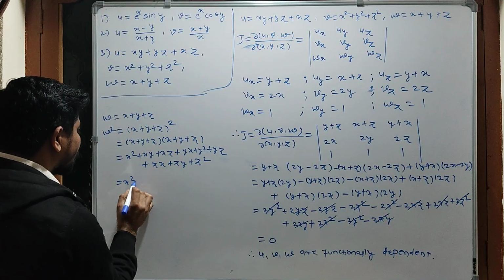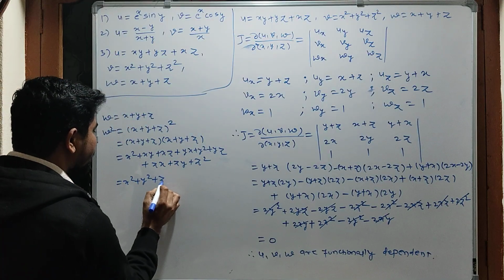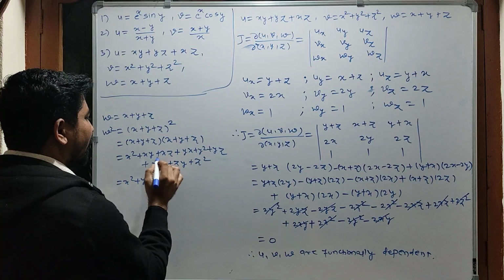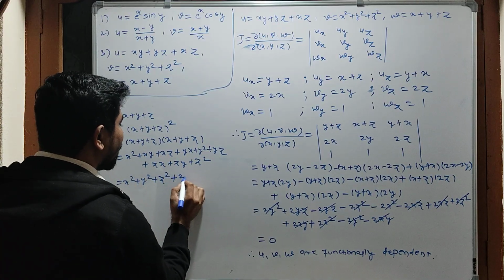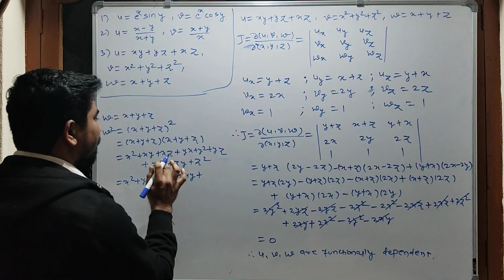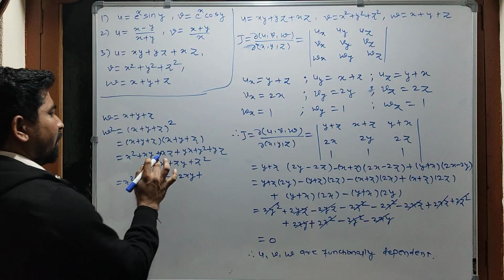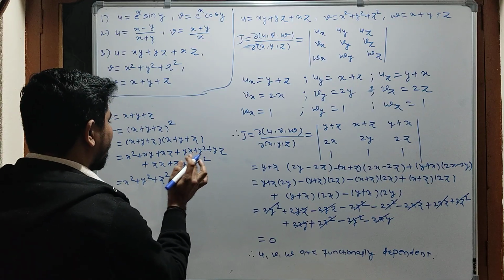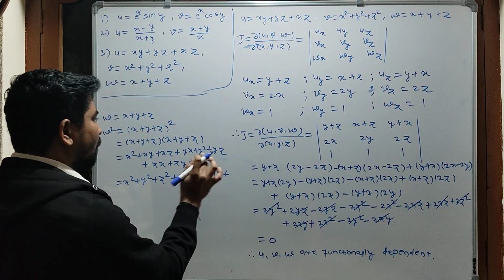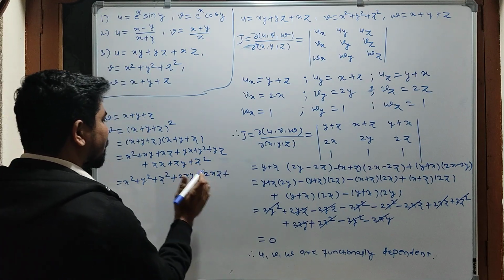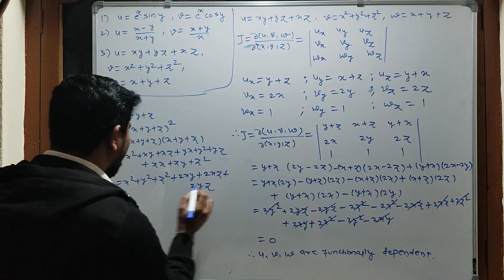Therefore, x square plus y square plus z square plus 2 times xy plus 2 times xz plus 2 times yz.